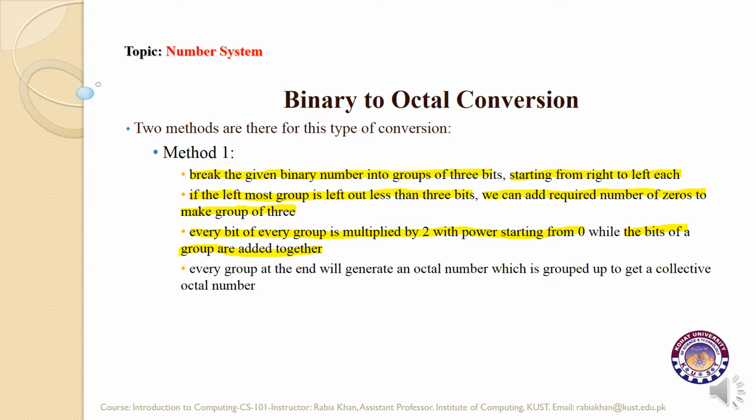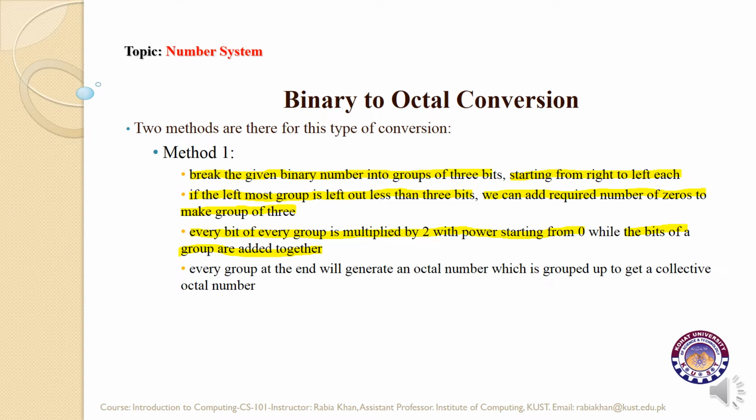So how are we going to proceed? Every group is divided into 3 bits, so every group, starting from the right, is multiplied by 2, while the power of 2 starts from 0, and the bits will be added up together.